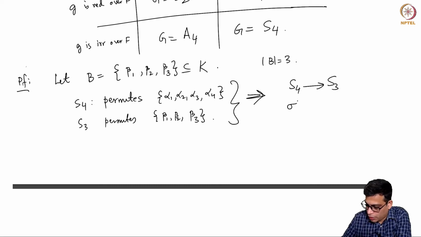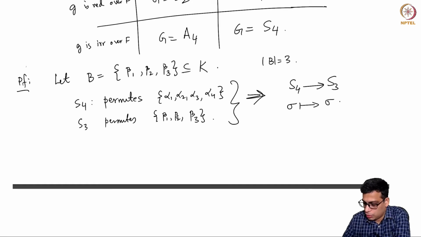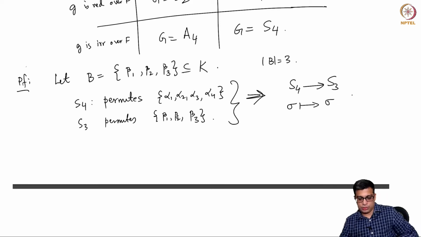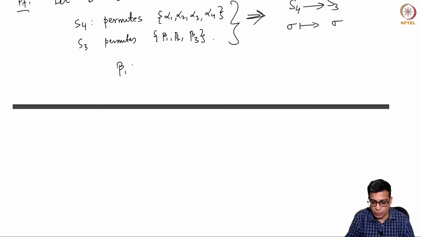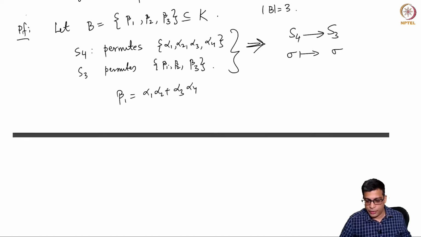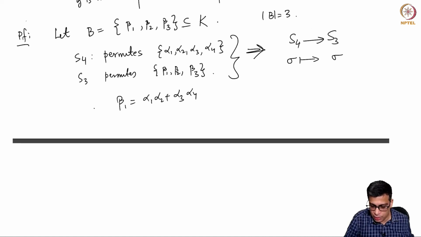So, you take any element of S4 and you apply it to, I mean, because beta 1 is alpha 1 alpha 2 plus alpha 3 alpha 4, and we already noted that sigma permutes beta i. So, this is that map.